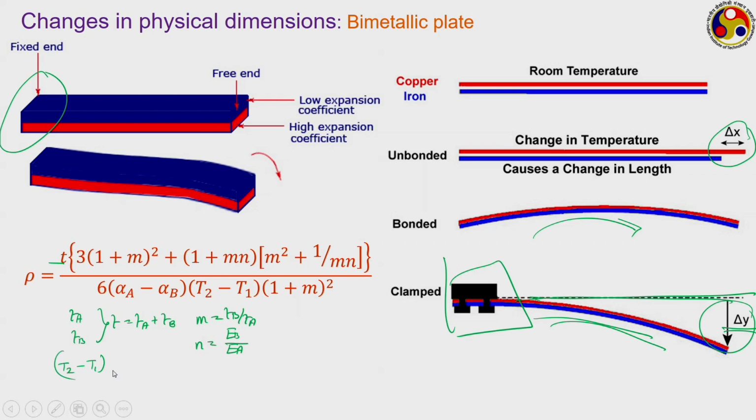T2 minus T1 is the temperature range over which we are doing this calculation, and alpha A and alpha B are the corresponding thermal expansion coefficients of material A and B respectively.